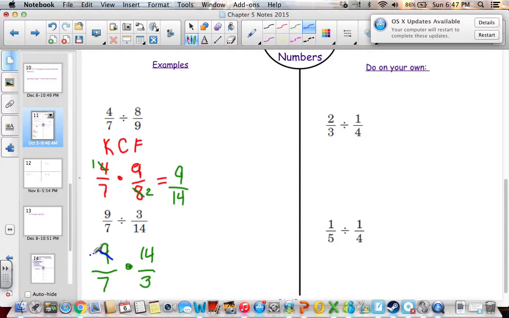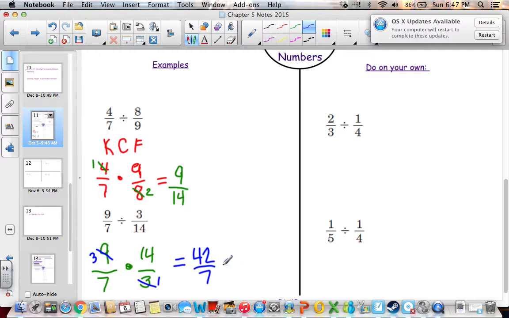I can do 9 divided by 3 and then 3 divided by 3 and get 1. So now we have 14 times 3. 14 times 2 I know is 28, and then add another 14 would be 42. 7 times 1 is 7.